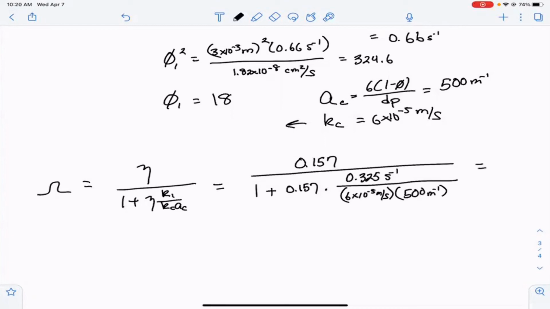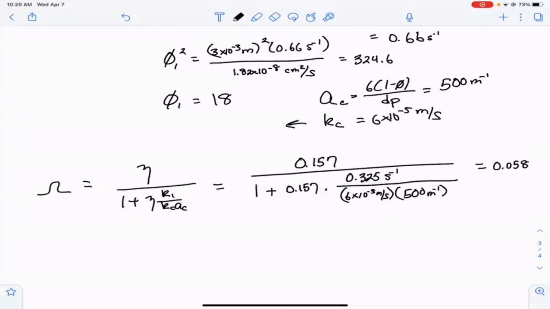And that gives us an overall effectiveness factor of 0.058. Very low, right? 1 would be great. 1 means that we're taking advantage of all of the internal and all of the external surface area, which clearly we're not doing. And we're going to revisit this in just a minute.